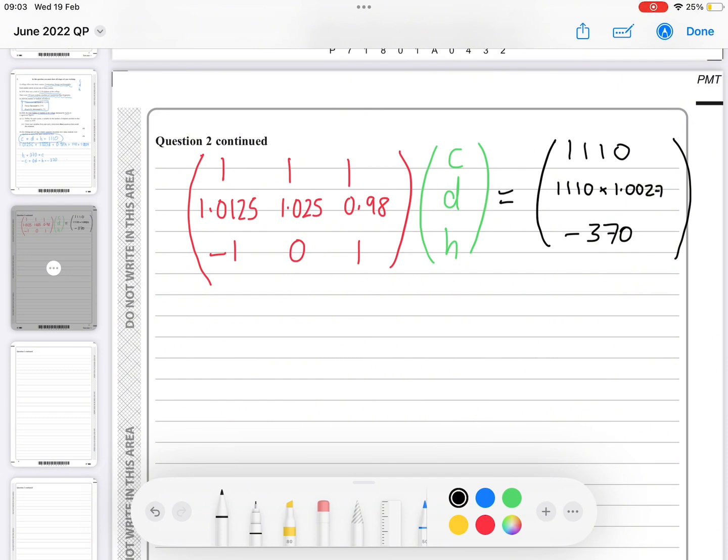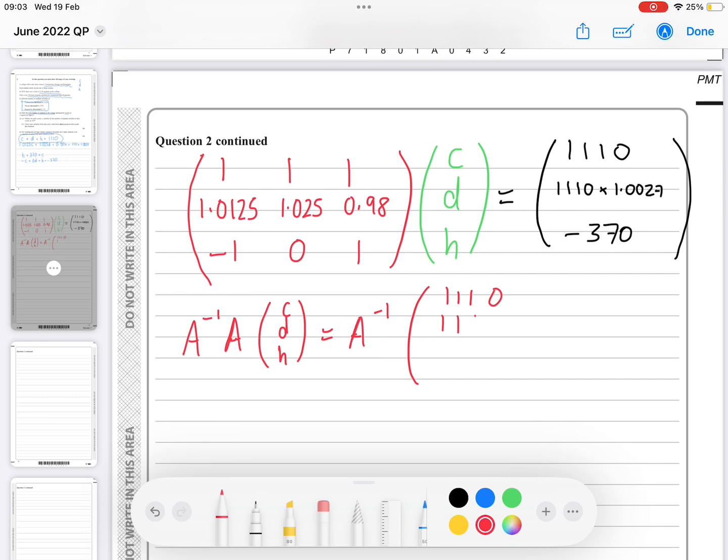And then if we find the inverse of matrix A, then we can write out that A minus 1 times A times CDH is going to give us A minus 1 times our matrix over here.